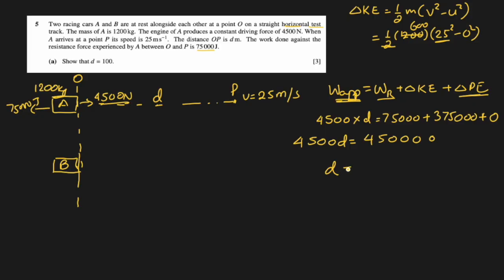So d becomes 450,000 over 4500, 4500 cancel, 100. d is 100 meters. Shown.